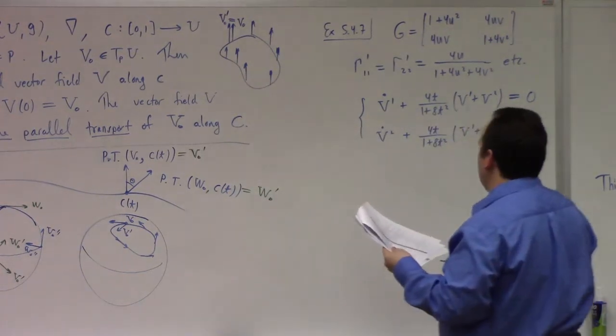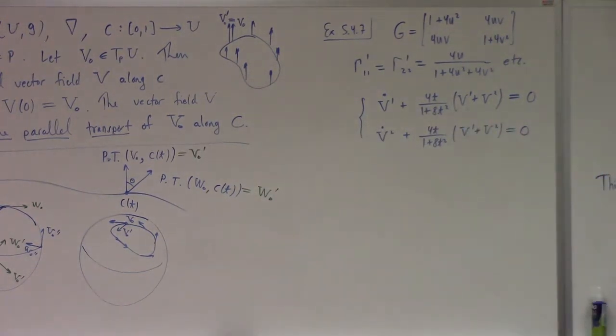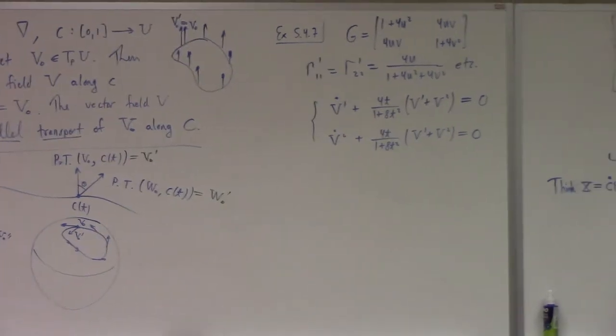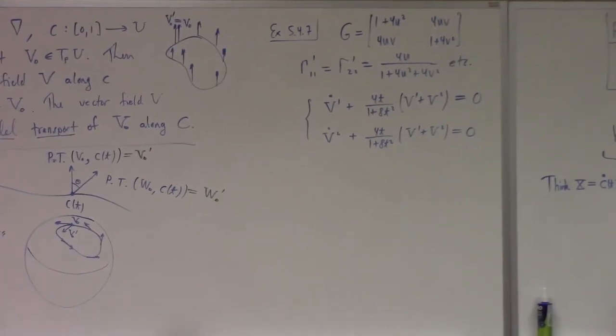These are the parallel transport equations that you have to solve to actually describe parallel transport on the plane with the pullback metric of the paraboloid.